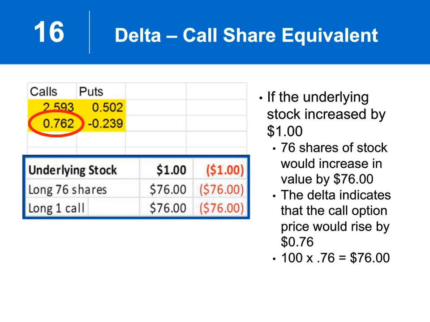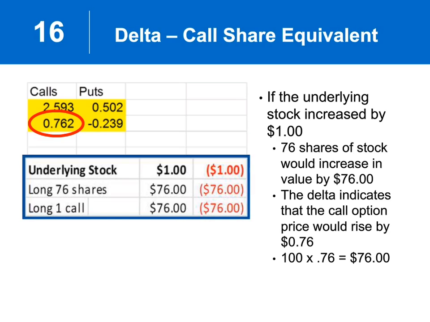So we're talking about the call being a 76 delta. If the underlying stock increased by $1, the 76 shares of stock obviously should increase by $76 to the upside. So the delta essentially indicates how much that stock should appreciate up or down.